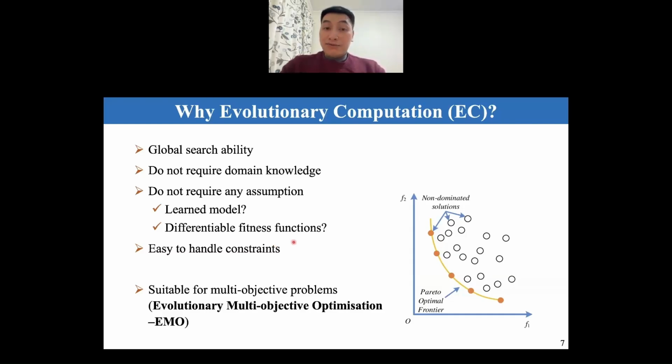optimization. And the final and probably the most important one here is that EC has a population-based search mechanism, right? It means that we have a lot of candidates going around the search space to explore it.